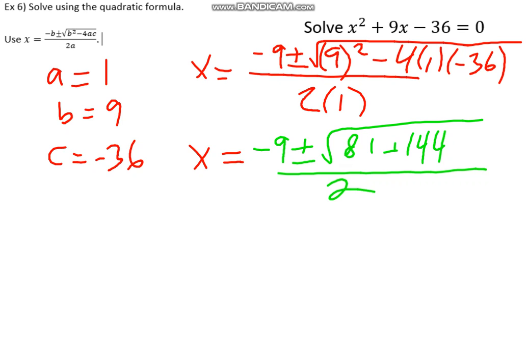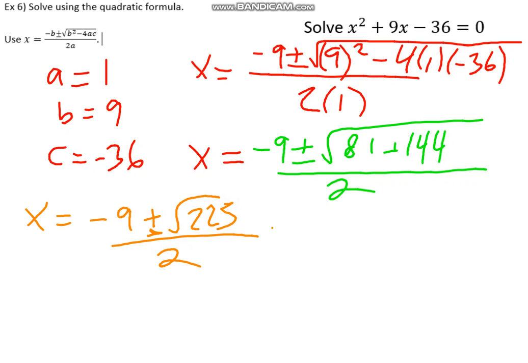So still working inside the square root, I'll get 81 plus 144. That's 225. And good thing too, because we know the square root of 225 is 15, over 2.